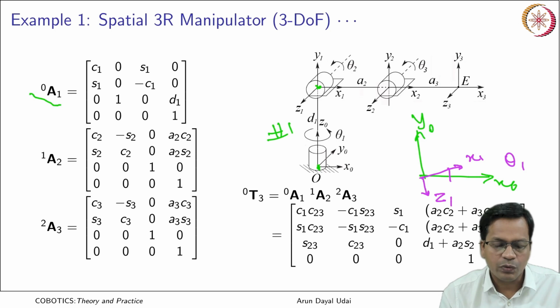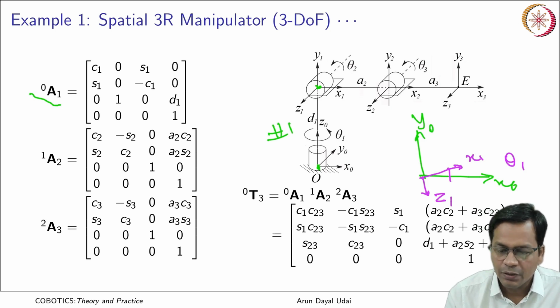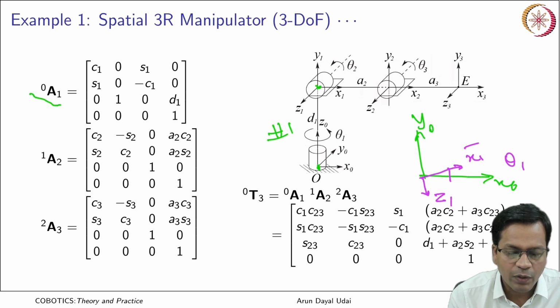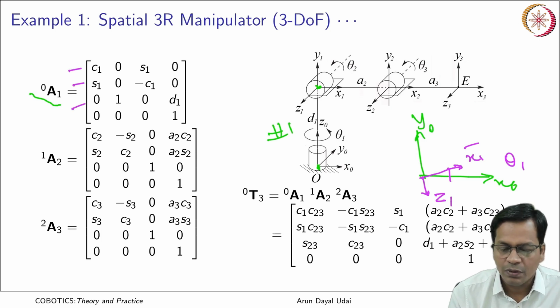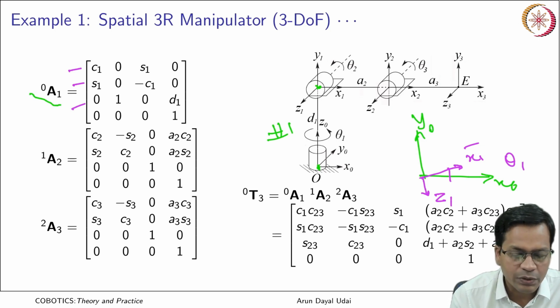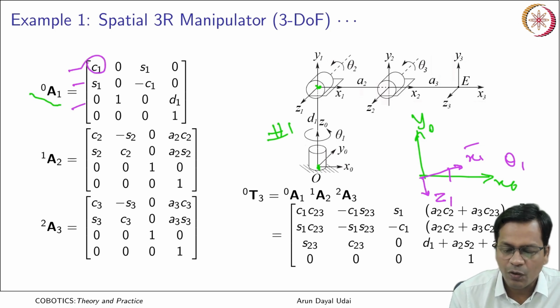Okay, so now you look at the projections. Okay, what do you see? x1, projection of x1 along x0, along y0, along z0. So x1 along x0 would be cosine theta 1, x1 along y will be sine theta 1, x1 along z, z is perpendicular to this plane, so it becomes equal to 0.